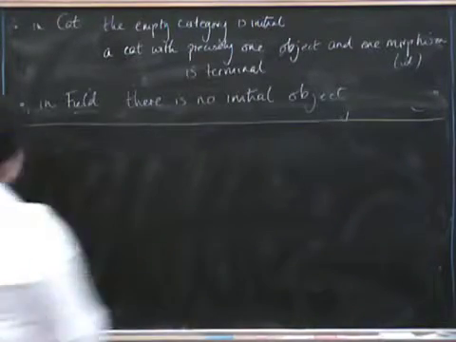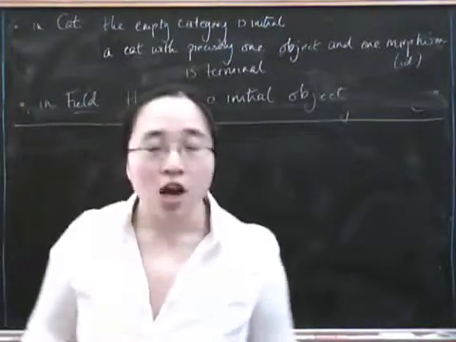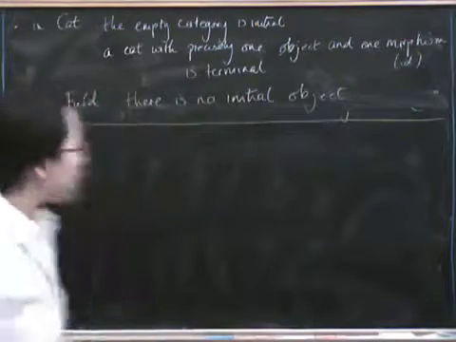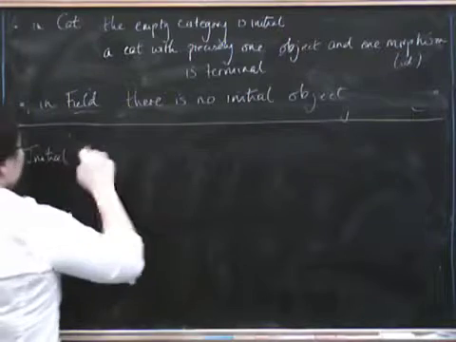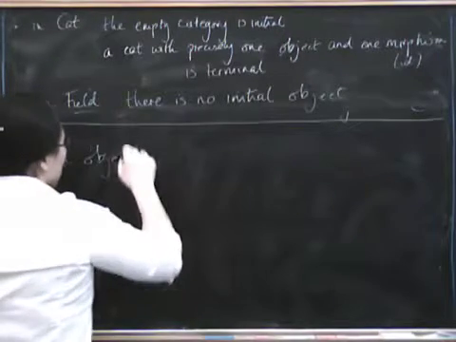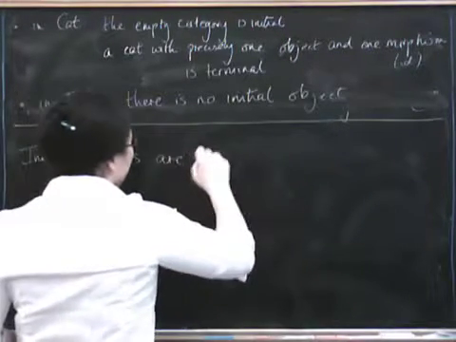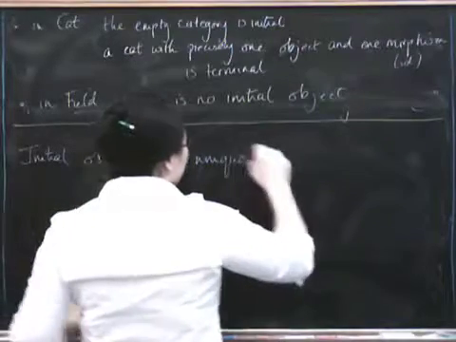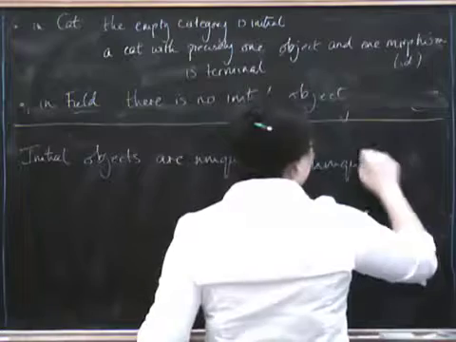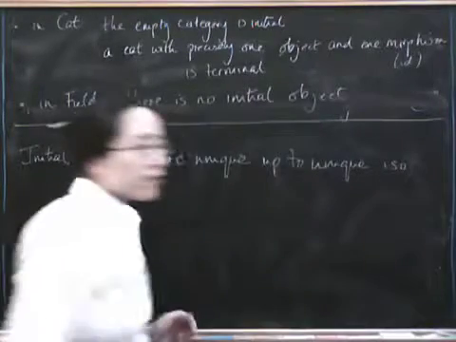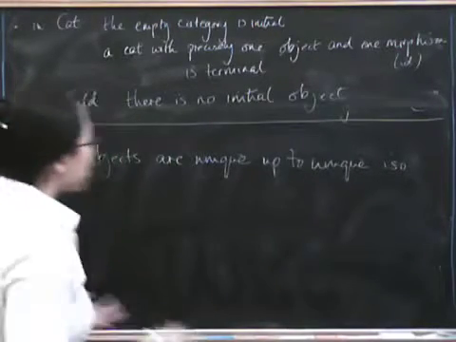So, for example, initial objects, just like terminal objects, are unique up to unique isomorphism. And the proof is exactly the same as the one for terminal objects, and it's the dual.